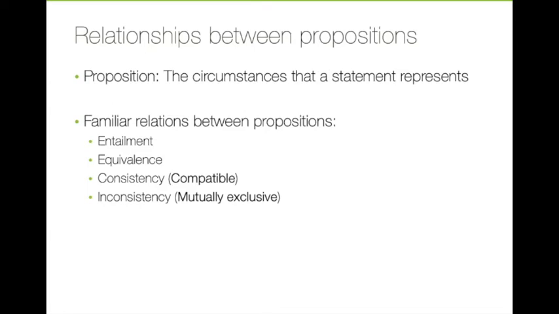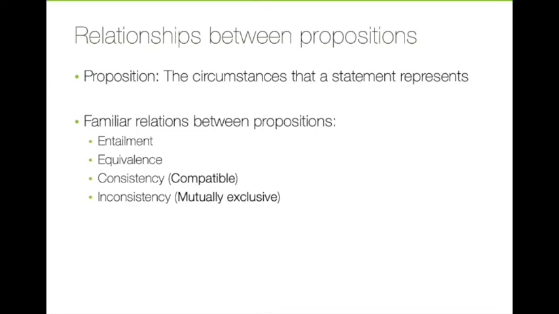Some of the relationships we covered from deductive logic, like equivalence, entailment, consistency, and inconsistency, will be relevant again for probability. Consistency, or compatibility, and inconsistency, or mutual exclusivity, will be the ones that are particularly important for understanding how probabilities work.